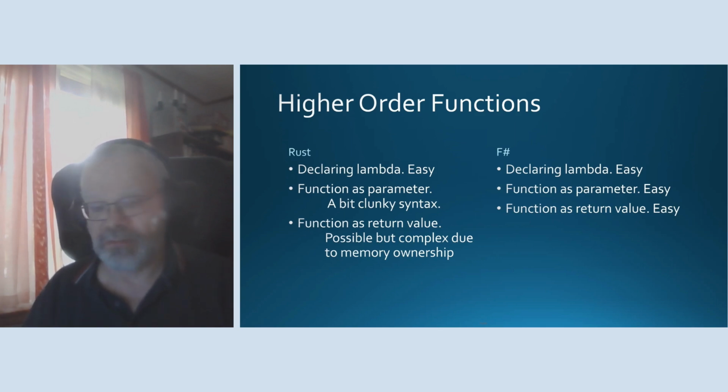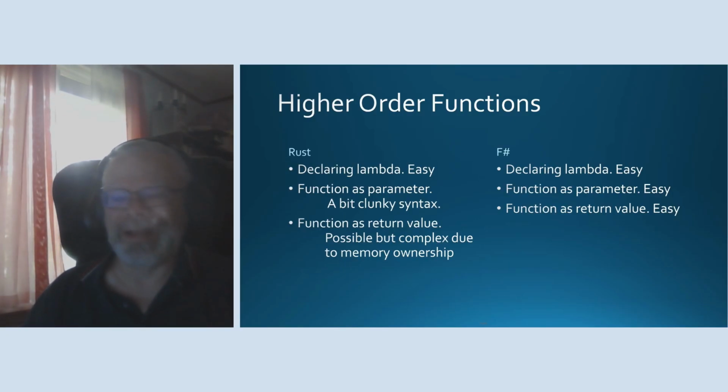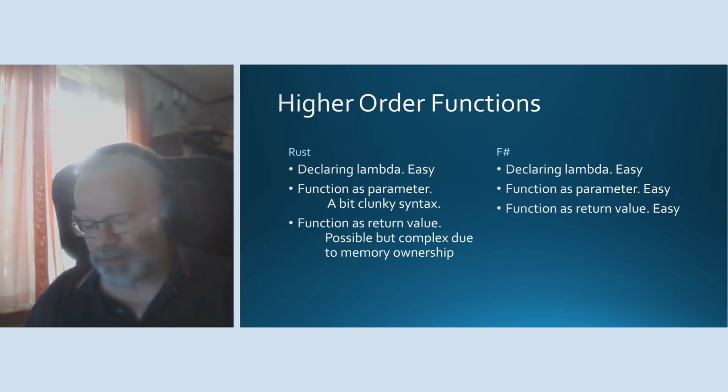We can do that as well. It's a bit clunky syntax, I think, but it's quite doable, no problem at all. But when you come to having a function as a return value, it's possible, but it gets really complex because of the memory ownership and memory management. We'll look into that in a while.